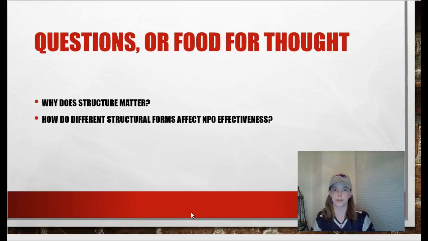But I'm just inherently interested in structure and the effects that the quality of relationships in different forms have on our ability to provide effective services. But beyond my own interest, I also think there's a value in getting you all to think about some of these ideas and the implications that structure has on the organizations that you are a part of or that you would like to be a part of or study further.